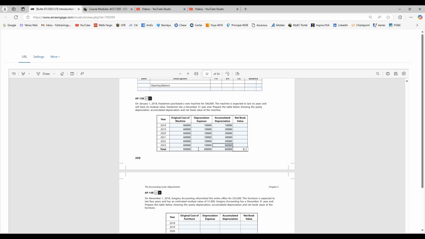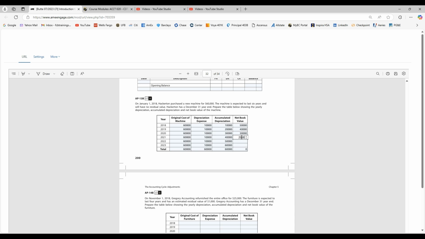Original cost minus accumulated depreciation gives us 0 net book value at the end of the whole life, which is what we expect because there's no residual value. And then it's pretty easy to go down the line. The cost minus accumulated depreciation gets us net book value.